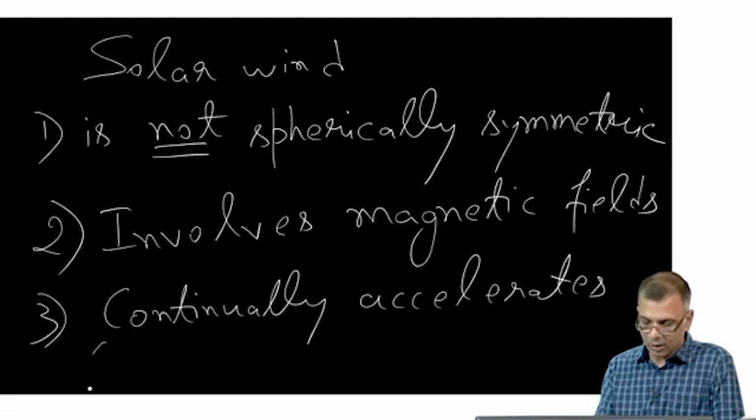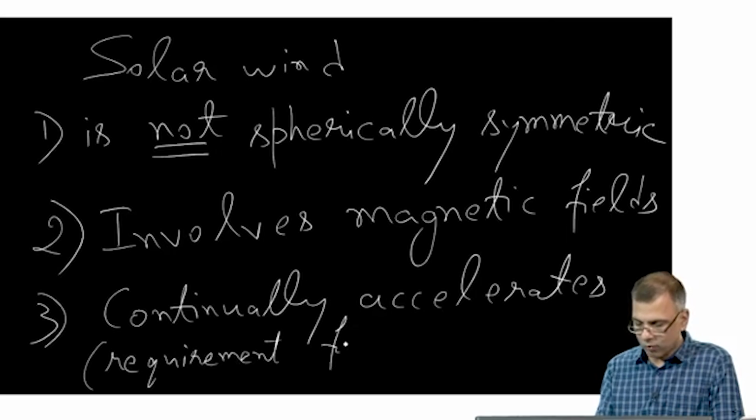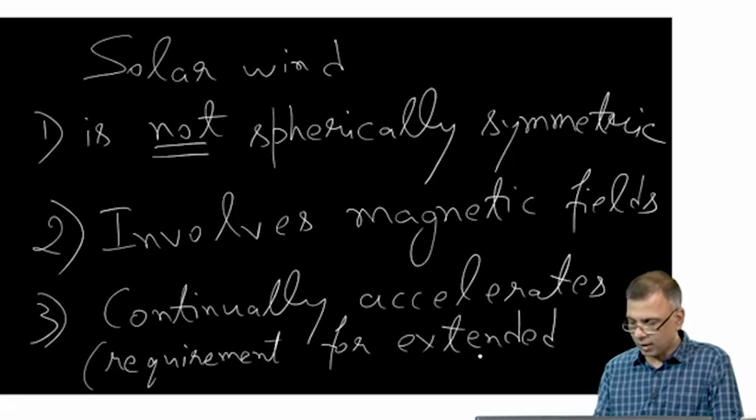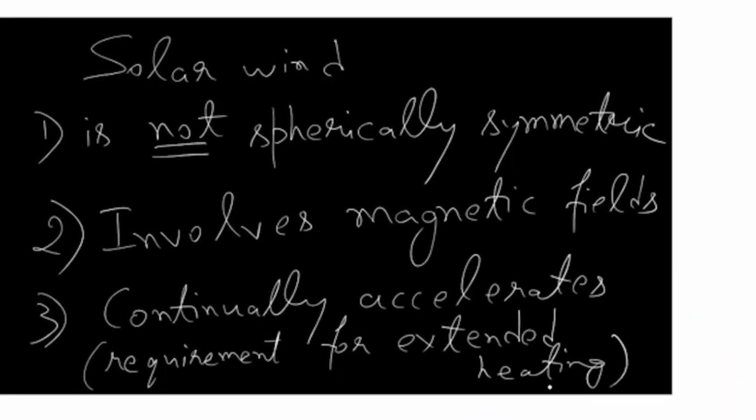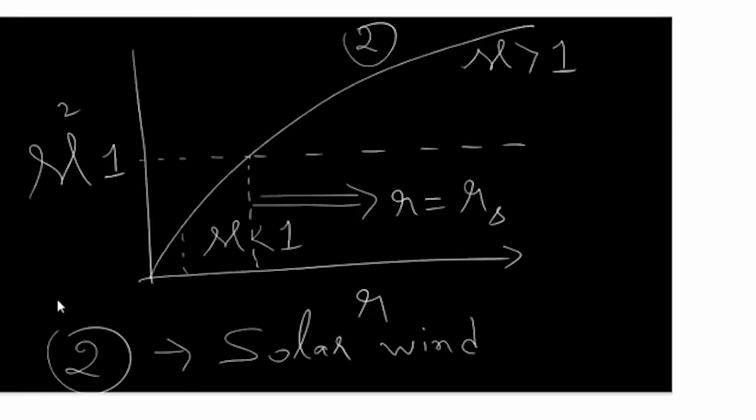In other words, there is a requirement for extended heating. In other words, you remember our description, what it does is it takes the description of the solar wind, which looks like this.